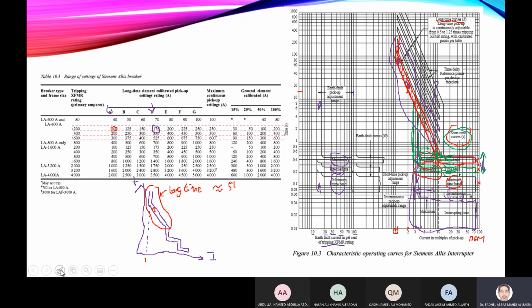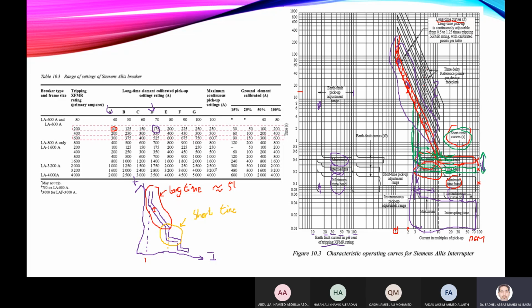And the second one is the short time element, this part. The short time element also has a time setting and a pickup setting.